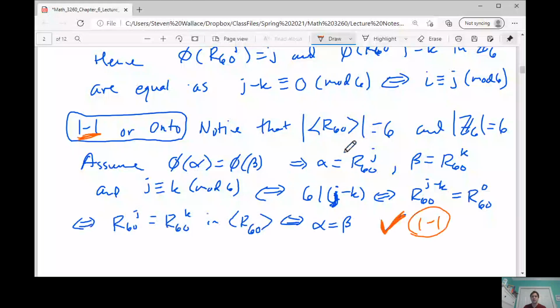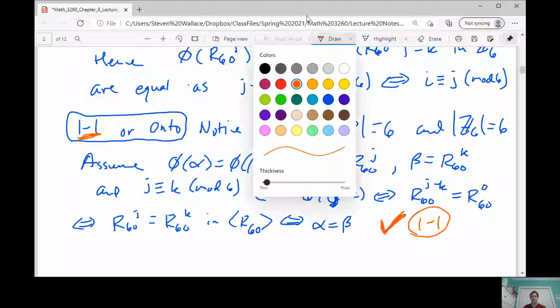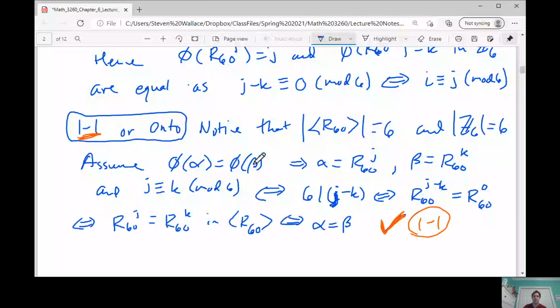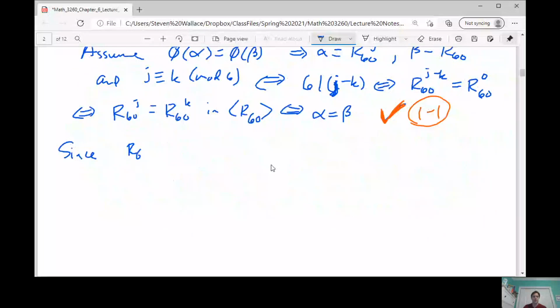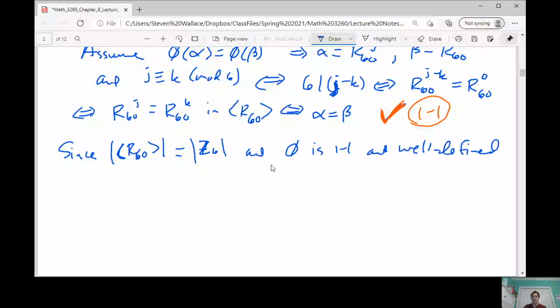Okay, so therefore, one-to-one works. And it is actually redundant to show onto, since the domain has the same order as the range and the map is one-to-one and well defined, our mapping must be onto.